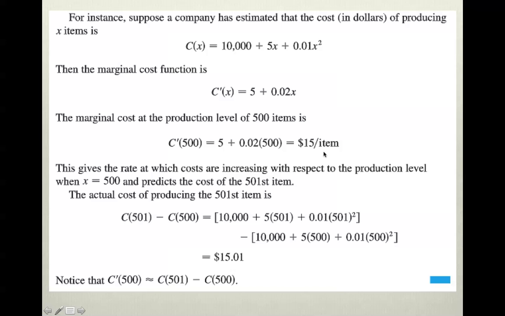This gives us the rate at which the costs are increasing with respect to the production level. When x equals 500, this predicts the cost of the 501st item. The actual cost of producing the 501st item is $15.01. So notice that the derivative at 500 is relatively similar to the cost of 501 minus the cost of 500. And that's it.